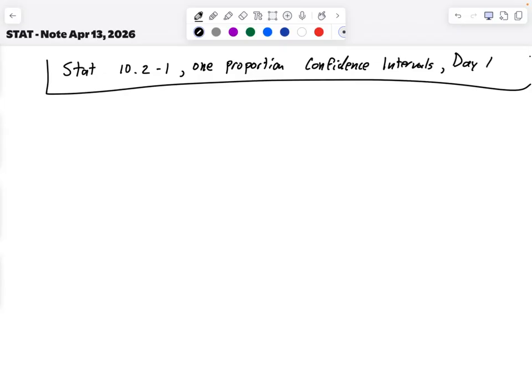So the premise here is, this is what we call inference.